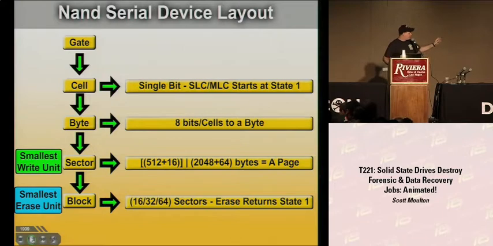For every 512, there's always going to be 16. But only for 256 meg sticks and below do you have 512. Everything above 256 megs is going to be 2048 plus 64 bytes, and that's called a page. That's physically the smallest writable unit we have on a solid-state disk.